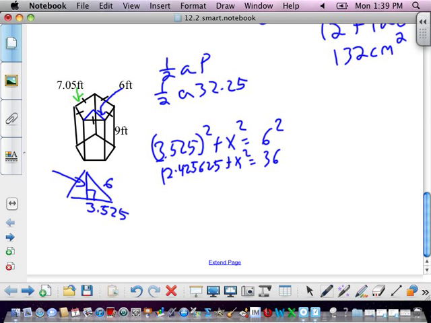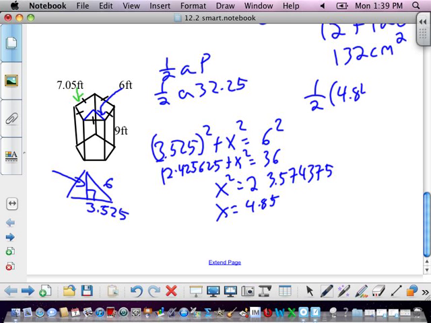So 36 minus that gives me 23.574375, and I want the square root of it, which is 4.85. Okay, so now we go 1/2 times 4.85 times 32.25.